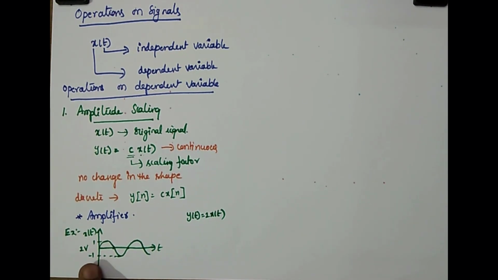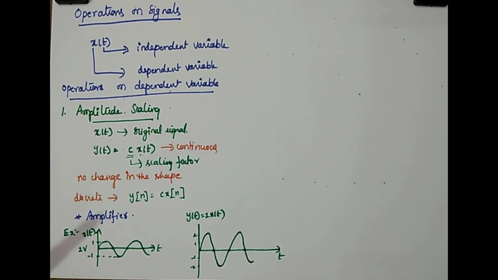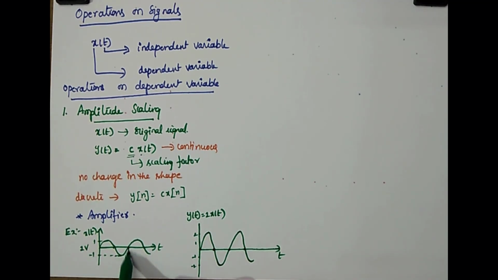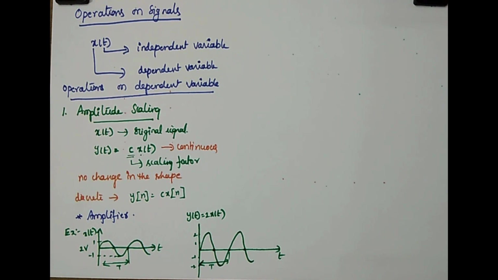The peak to peak amplitude is 2 volts; when it gets multiplied by 2, it becomes 4. So the signal is like this. And see here, the shape is not changed and the time period is not changed. The frequency or time period is the same. So amplitude scaling means only there exists a change in amplitude, not in shape or time period or frequency, etc.